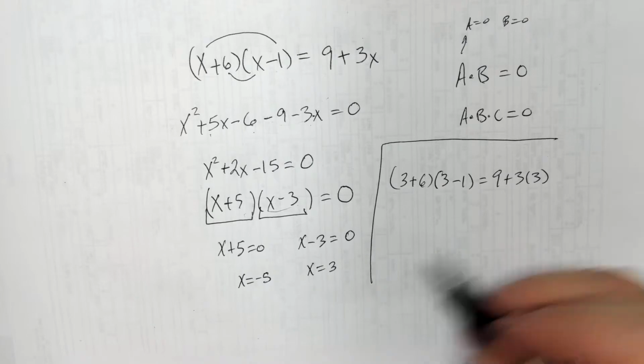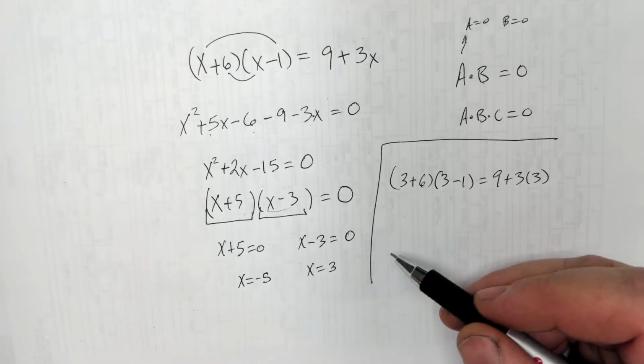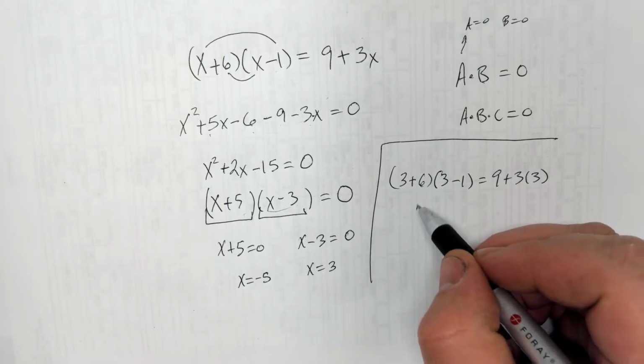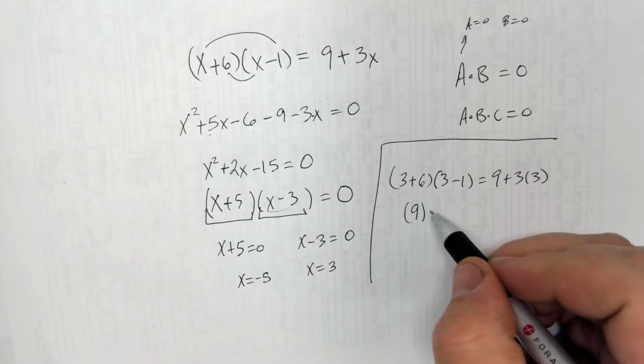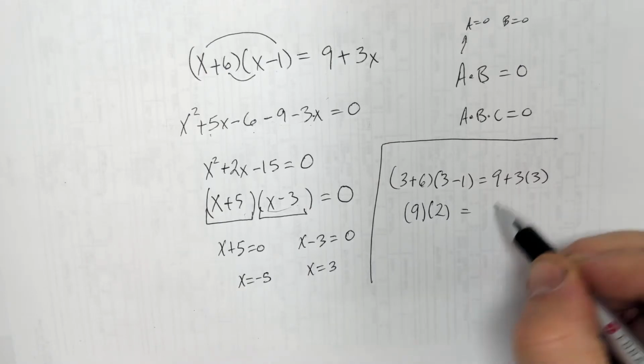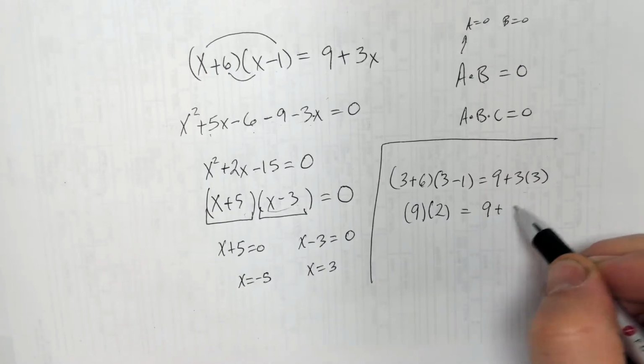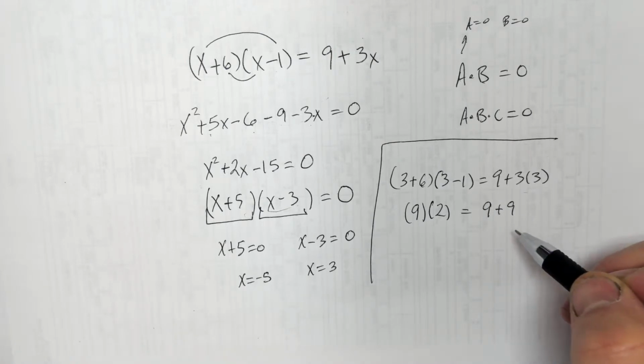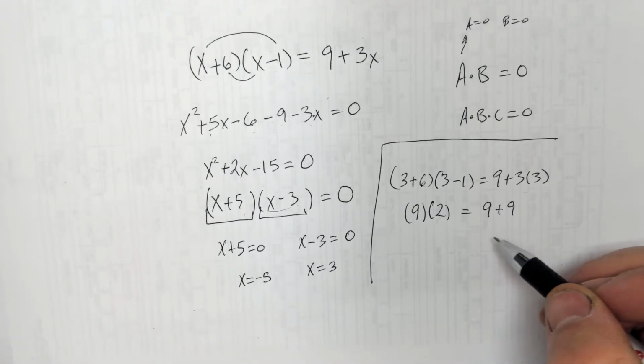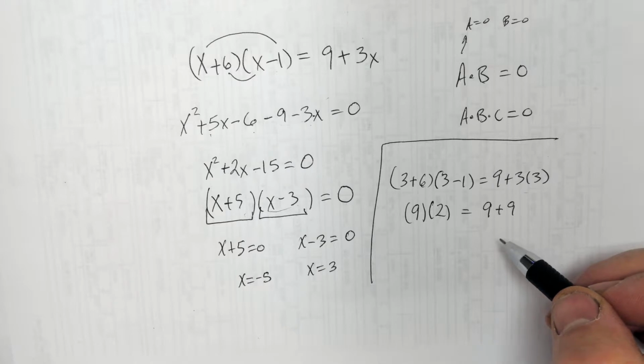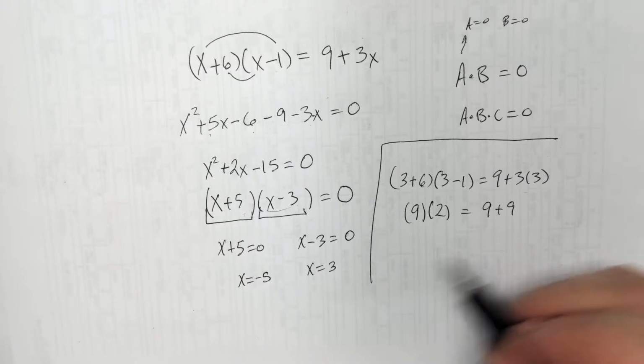If this is all true, then that's a right answer. So 9 times 2 equals 9 plus 9, that's 18 and 18, right? So that's the right answer.